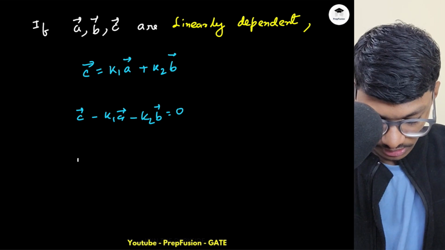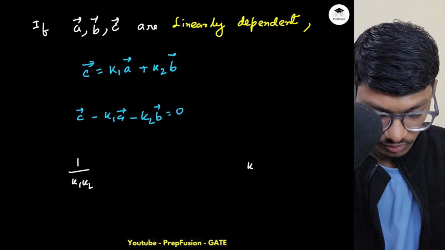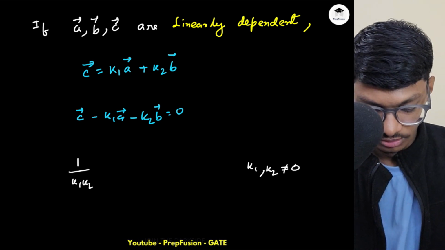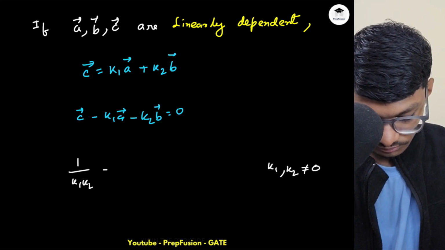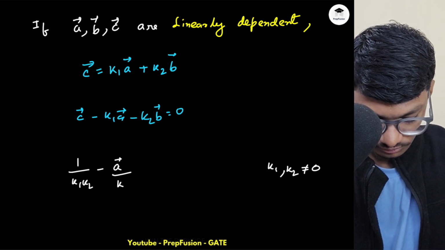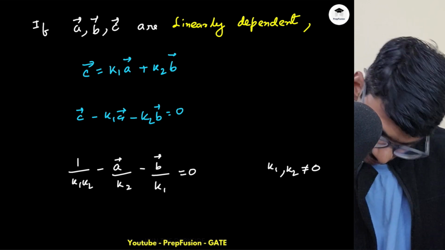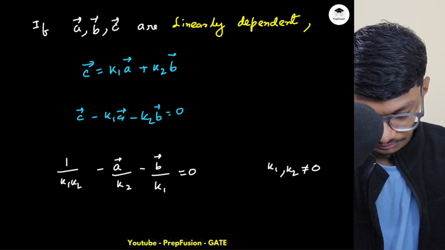I can divide by k1 k2 on both sides, where k1 k2 is not equal to 0, very important. Okay, I forgot the c over here. This is c.